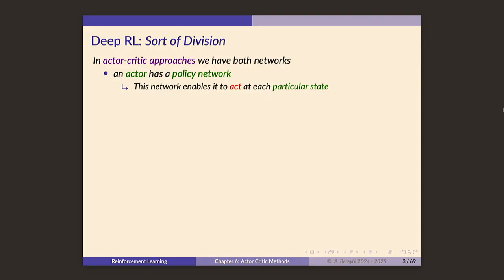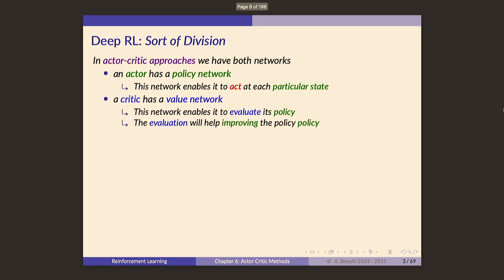It is going to act based on the particular state that it sees, and then if it acts, it wants to update its own policy. When it wants to update, it needs to know the value of the action that it has taken, right? So it looks at that state-action pair and estimates the value. Based on that, it updates its own policy, because the gradient depends on the advantage term, which is computed in terms of those values.